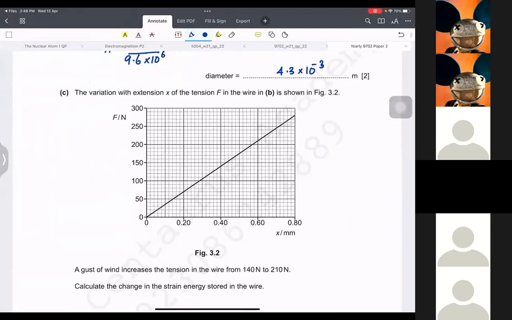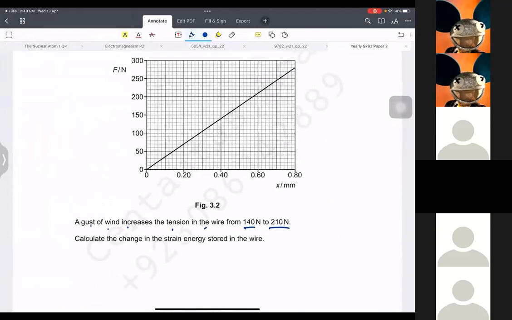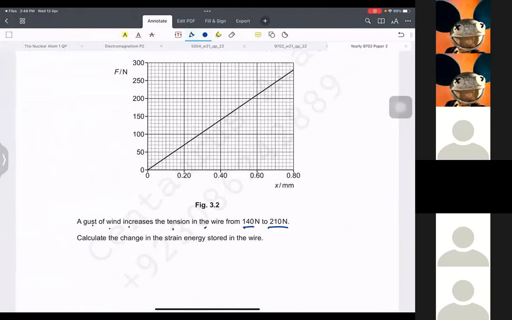Then it says the variation of extension of the spring. So they have given this, they say a gust of wind increases the tension from this to this. Okay, calculate the change in strain energy. So we got to find the change. First of all, I'm going to mark what is 140.